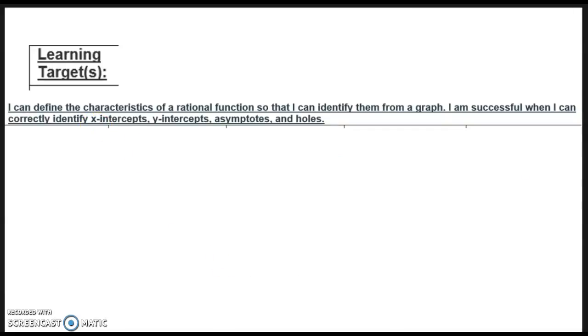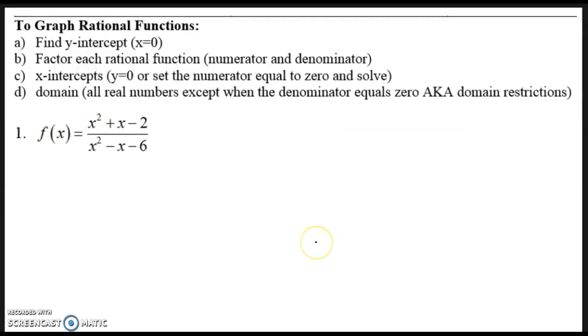Learning target's the same as yesterday. All right, so to find the y-intercept, I set x equal to 0 looking at my function. If x is equal to 0, I got 0 squared plus 0 minus 2, all over 0 squared minus 0 minus 6. In the numerator, 0 squared is 0, plus 0 is 0, and 0 minus 2 is negative 2.